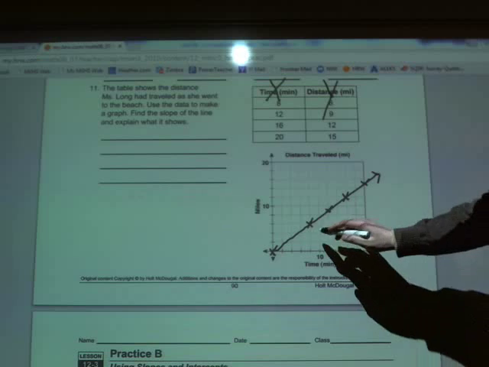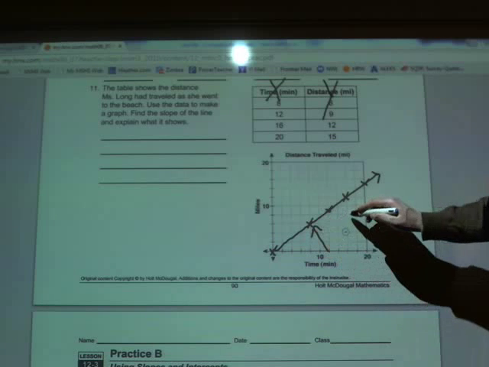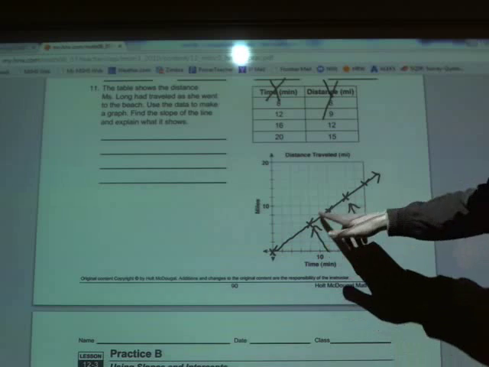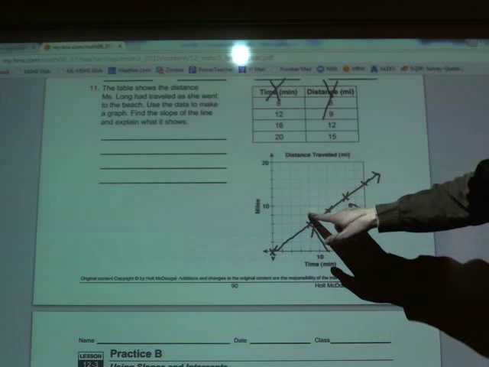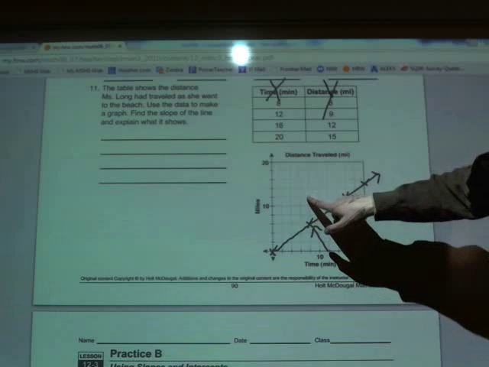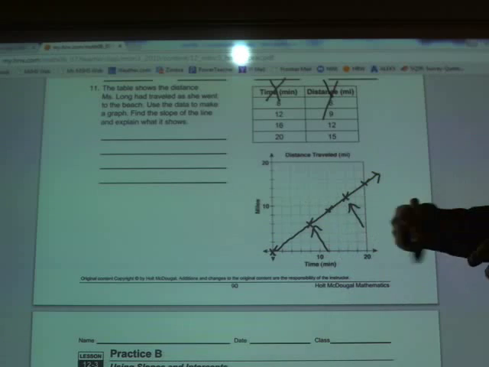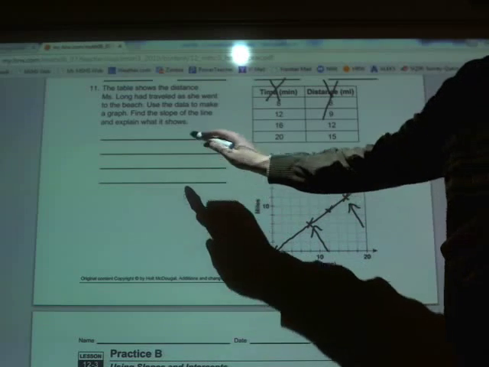So let's say I decided I wanted to pick this point and this point. Let's go ahead and find the rise and the run there. Well, to go from this point to this point, I went 1, 2, 3 jumps up. But remember, every jump really represents 2, so 3 jumps actually represents a rise of 6.